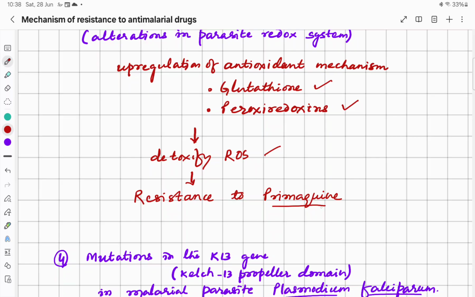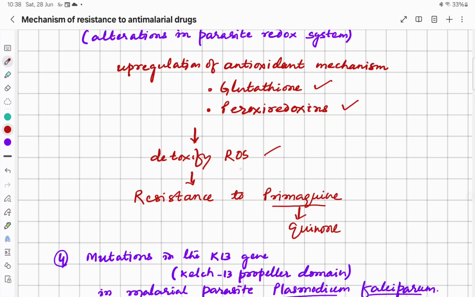So primaquine is the prodrug, and its quinone derivative actually causes the death of the hypnozoites by inhibition of the coenzyme Q governed respiratory process.